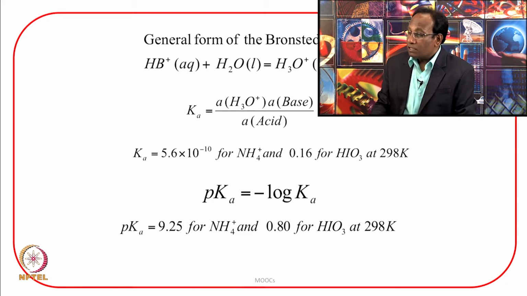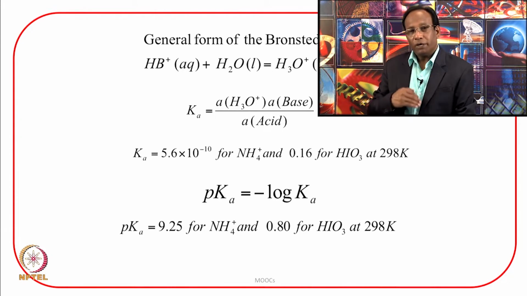So, we can make a general statement here: if pKa is very high, the corresponding Ka is going to be small. In other words, if pKa is very high or Ka is very small, it is a poor proton donor.